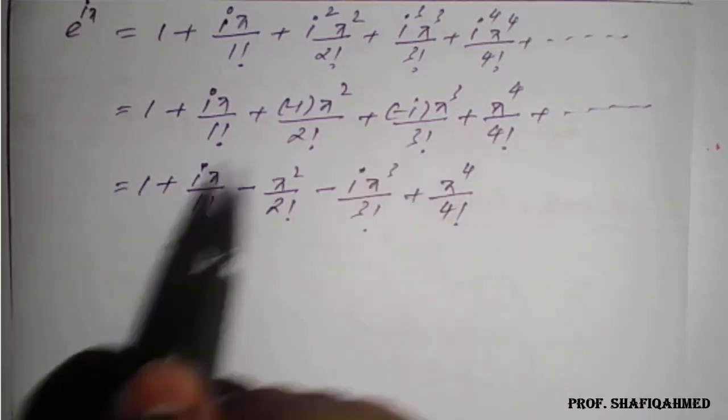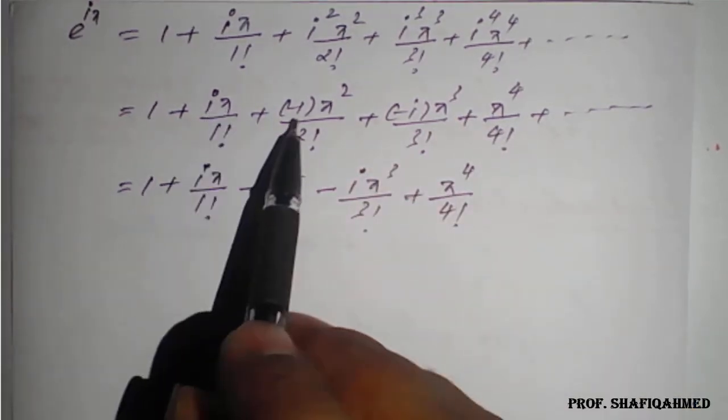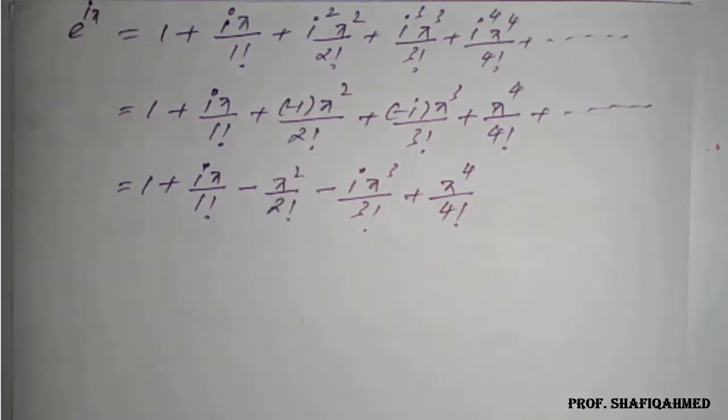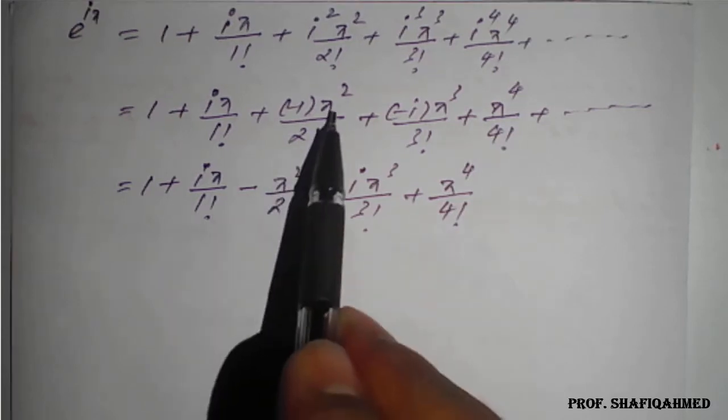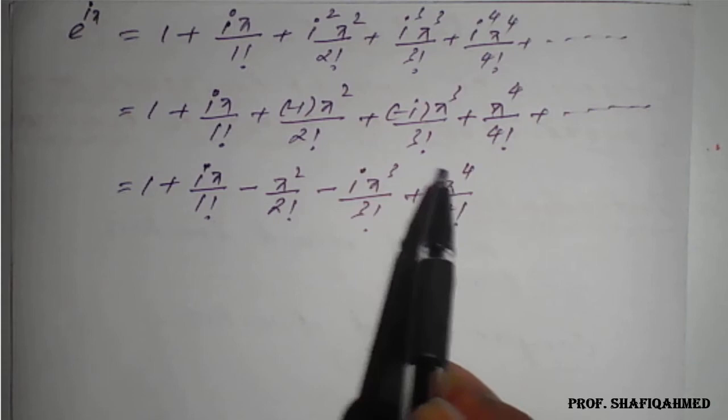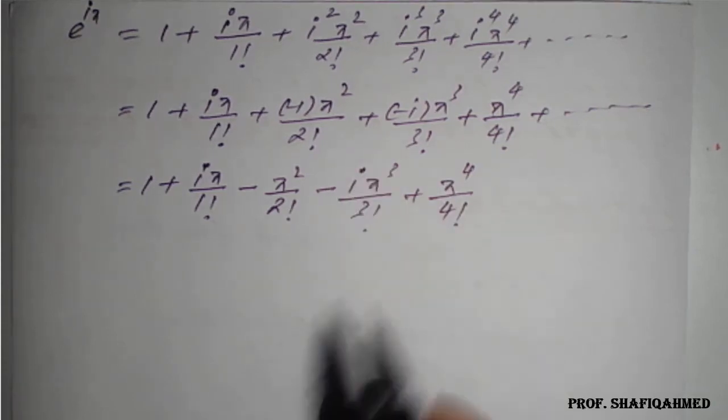Here you can just predict it: for ix, x square, which one has an even power, we'll get only x to the power that, but for odd powers we'll get minus i.